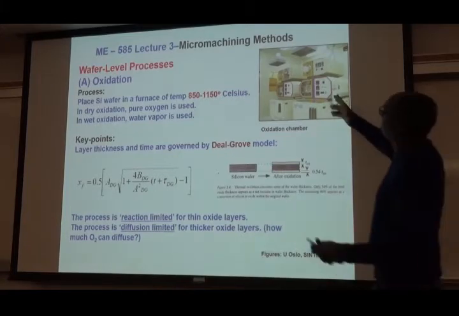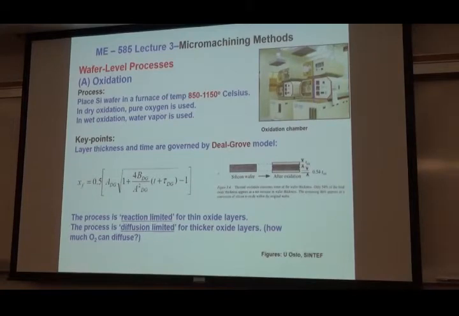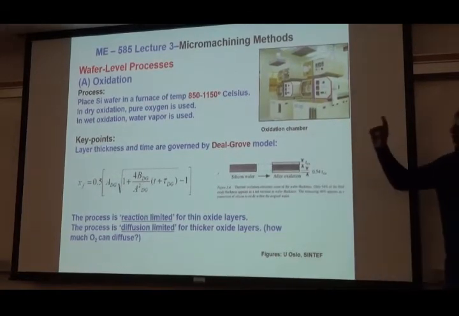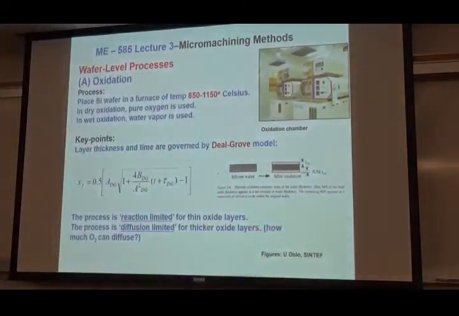So actually you open these chambers, and then you load about 20, 30, 50, depending on how big it is. And you load them inside the chamber, raise the temperature to, now this is important, 850 to 1150 degrees Celsius. That's when silicon oxidizes. Iron, on the other hand, first oxidizes at room temperature, right? That's why if you put a piece of iron outside, it's going to oxidize, it's going to rust. But if you want to rust silicon, you got to raise the temperature. Okay? 850 to 1150 degrees Celsius.